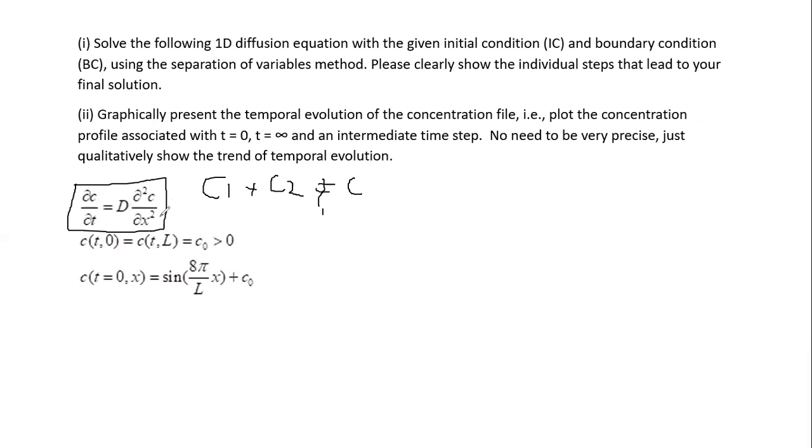Based on this property, which I think you probably already use in your other classes, we separate this problem into two problems, right? First we do a problem with a very trivial solution, but which satisfies this C naught, this non-homogeneous boundary condition. So we just have a constant solution, which is here, and this definitely satisfies the equation and the boundary condition, right?